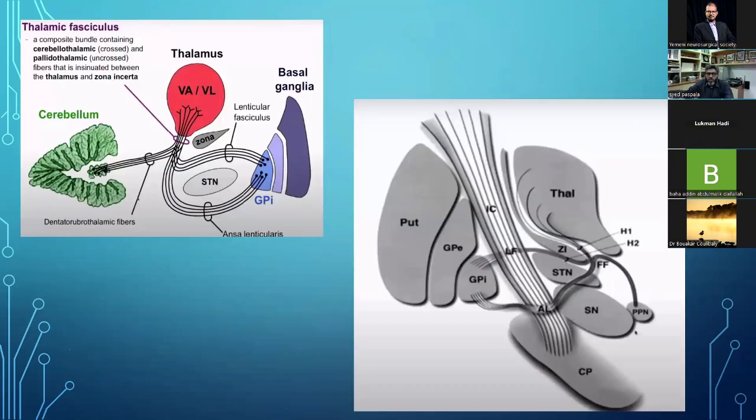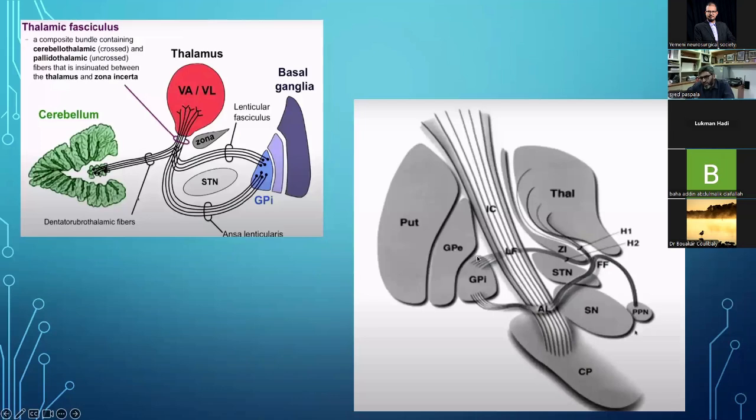So as I was telling you, this is the thalamic fasciculus here. The dentatorubrothalamic fibers cross over, and then the lenticular fasciculus from GPI will be connecting here between the zona incerta and the subthalamic nucleus, and the ansa lenticularis will be connecting below the subthalamic nucleus.